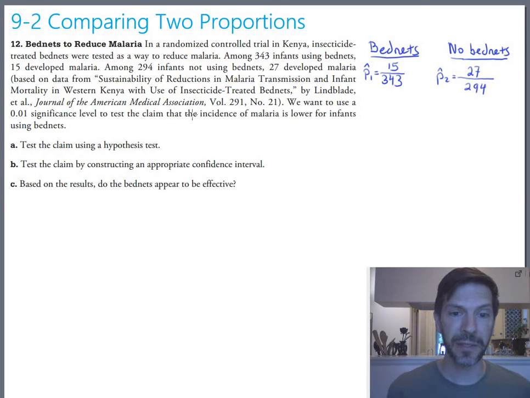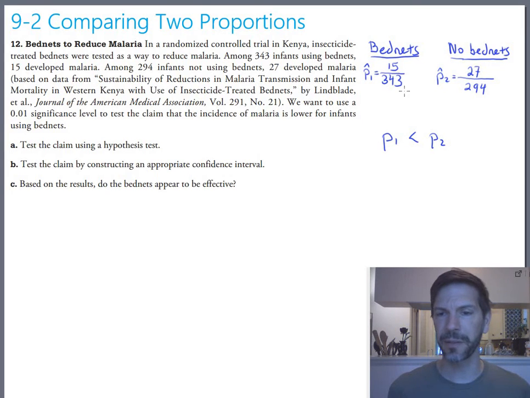So we want to test the claim that the incidence of malaria is lower for infants using bed nets. So the bed nets was group 1. So we want to test the claim that P1 will be less than P2. And again, the claim's not about this particular sample. It's about the population.